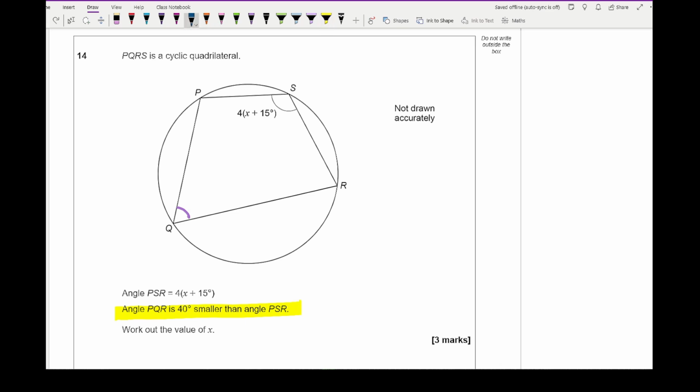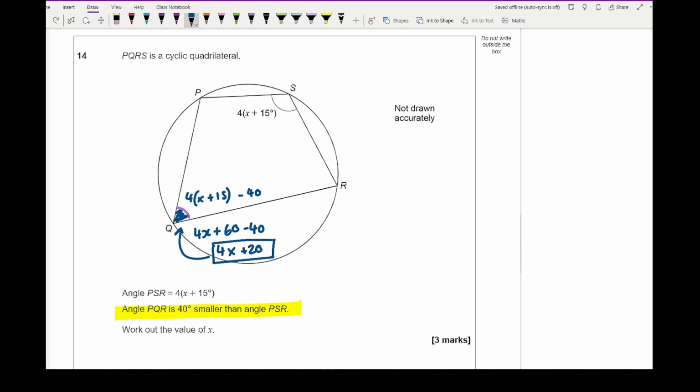So that means that this angle here is going to be 4x plus 15 minus 40. So if I simplify all of that, this angle here is going to be 4x plus 60 minus 40, which is 4x plus 20. And that is my angle for this.